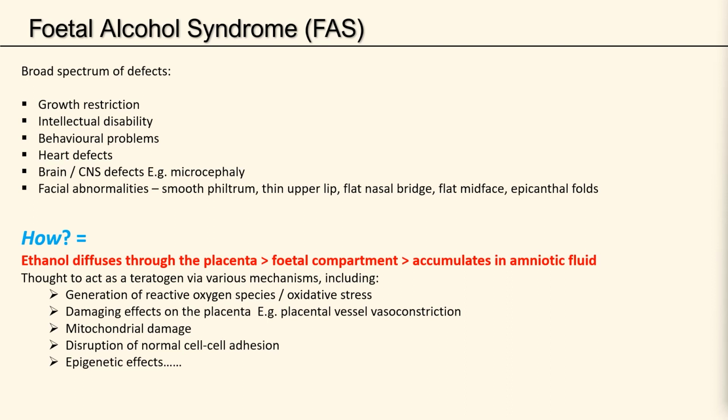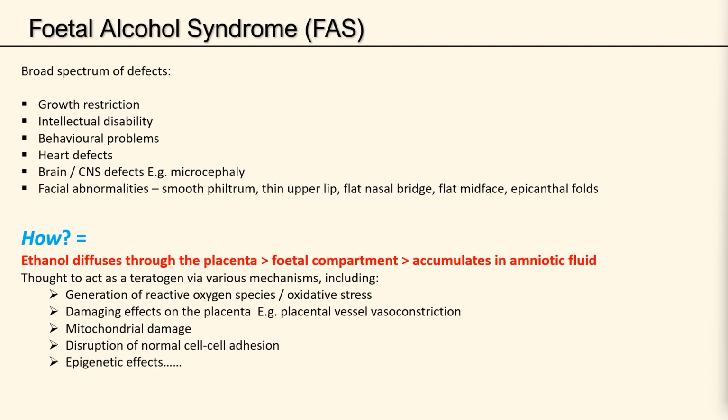Now, ethanol generates reactive oxygen species and induces oxidative stress. So it is putting undue stress at a cellular level, putting those mitochondria under stress. We also see ethanol having damaging effects on the placenta, so vasoconstriction of some of those vessels, and the outcome of this is going to be well described. If you aren't getting enough nutrients to that fetus, then we're going to see intrauterine growth retardation and things like intellectual disability.